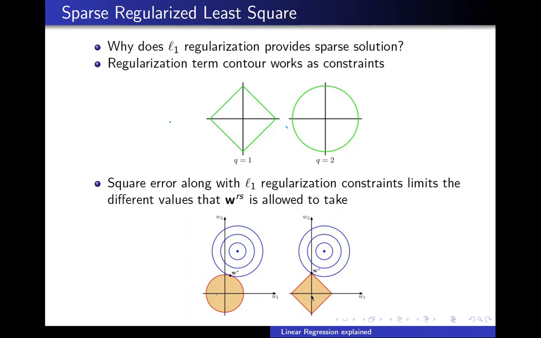Similarly, on the right-hand side figure, this shaded region is the region in the parameter space which satisfies the L1 norm constraint. And this picture shows that each of these contours corresponds to values in the parameter space where the objective function you're trying to minimize has the same value.